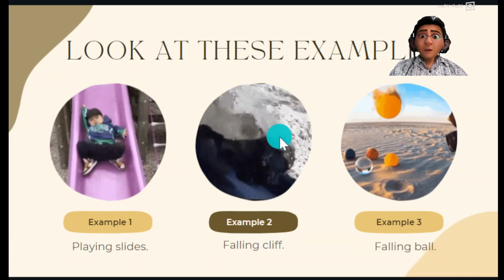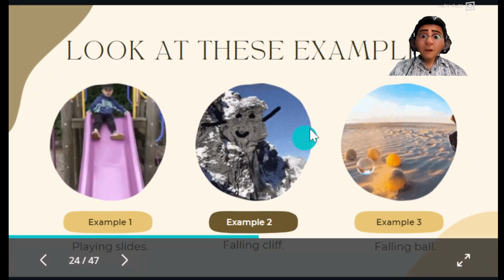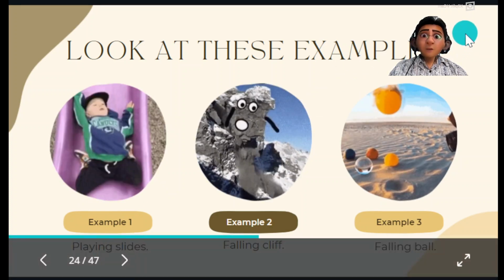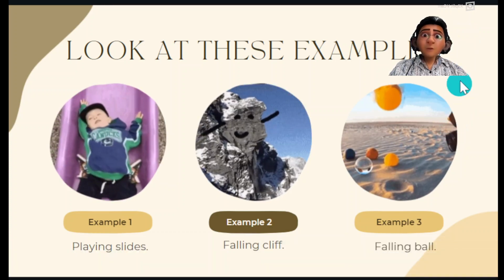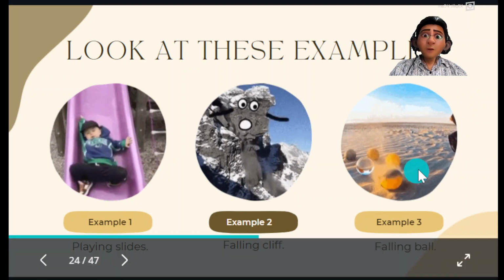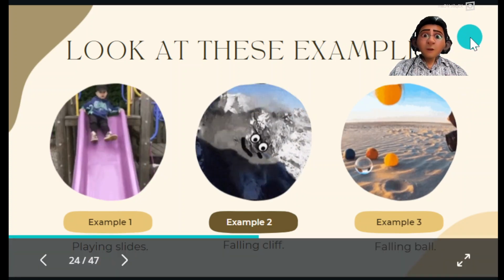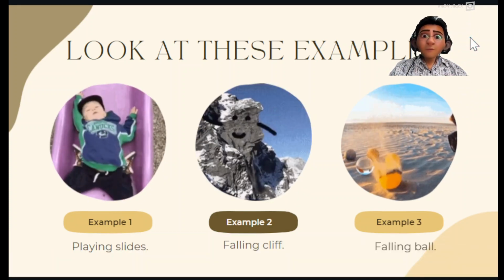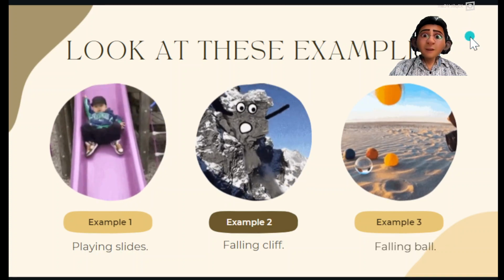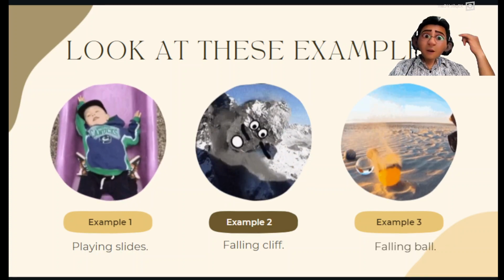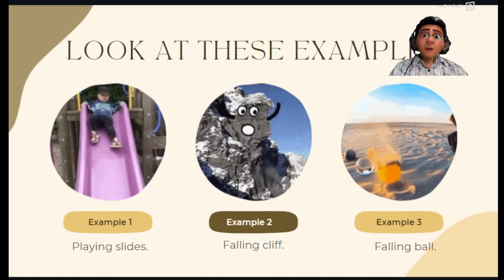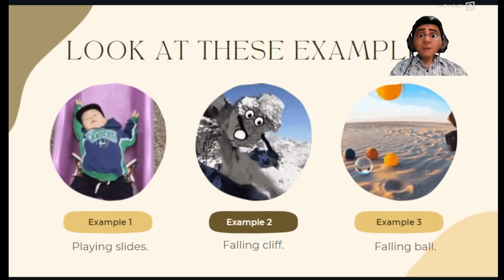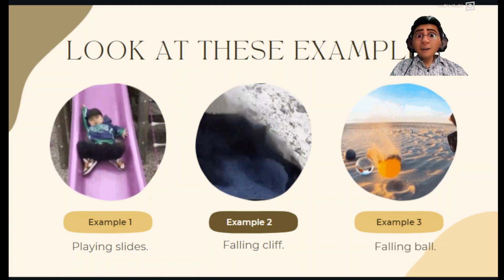If you see here, the cliff falls down, it is caused by gravitational force. Or example number 3, a falling ball. So everything in this world will fall on the surface of the earth. There are many more examples like falling fruits, falling apples, but the idea is the same.